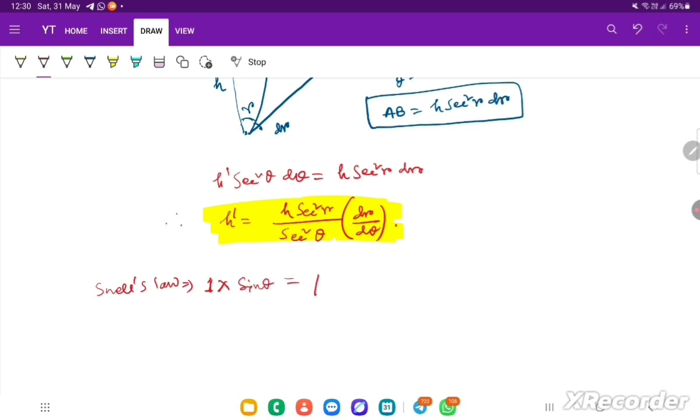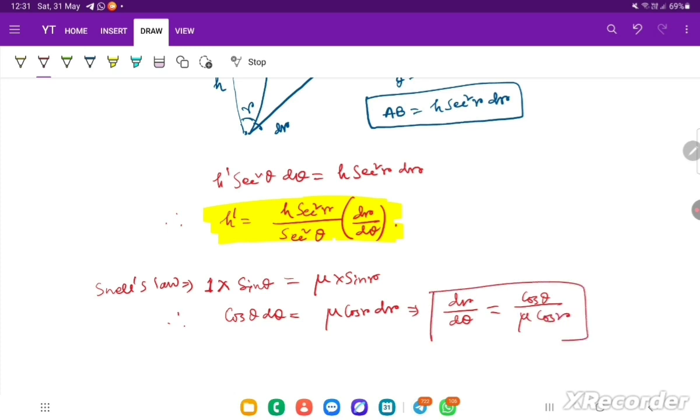For water I am assuming its refractive index as mu, into sine of r, the angle of refraction. Now I will differentiate both sides so that I get the differential terms dr and d theta. So this will be cos theta d theta equals mu times cos r dr. From here I can write dr upon d theta is cos theta upon mu cos r, right? So this is dr upon d theta.